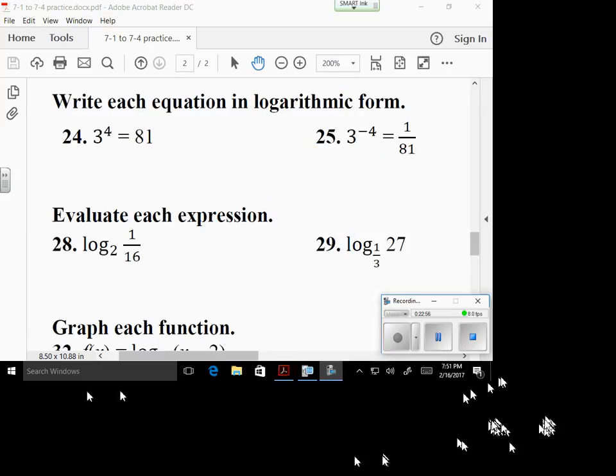To reverse the translation, you get log base 3 of 81 should be equal to 4. Log base 3 of 1/81st should be equal to negative 4.